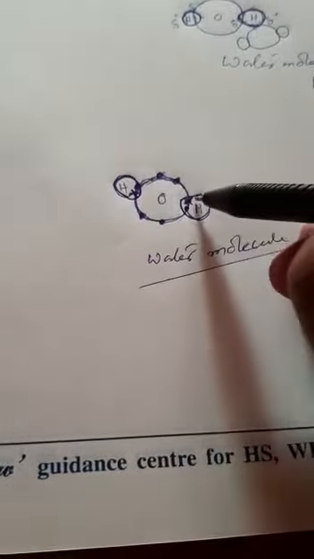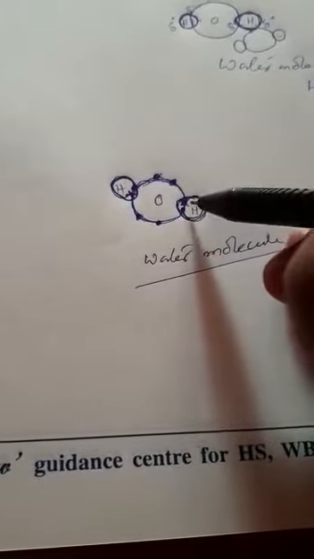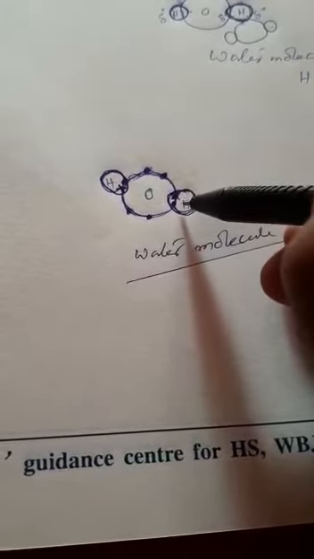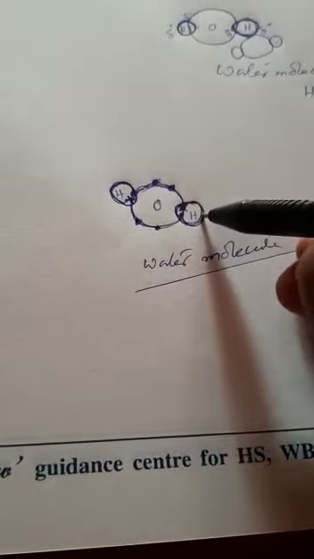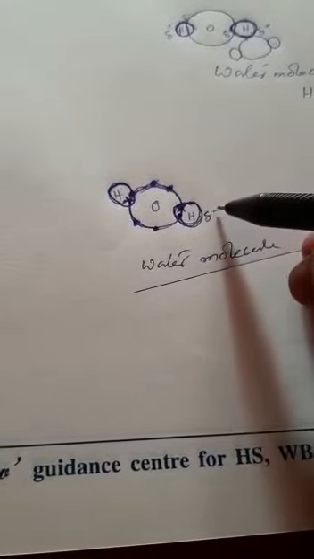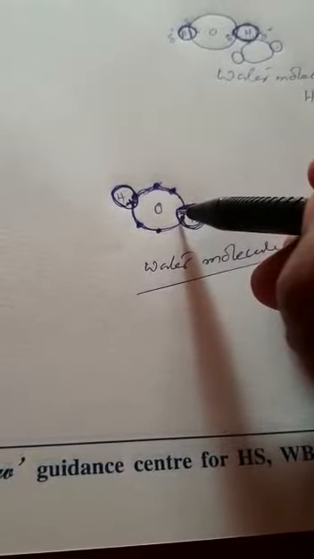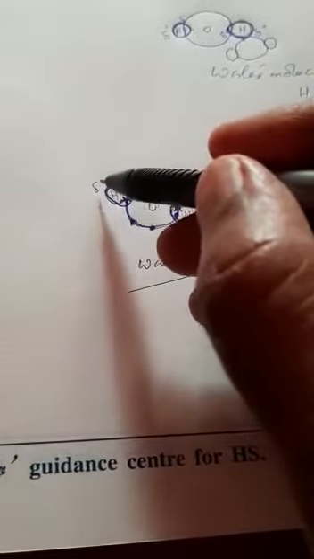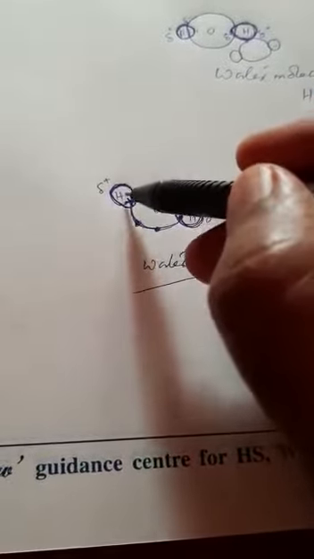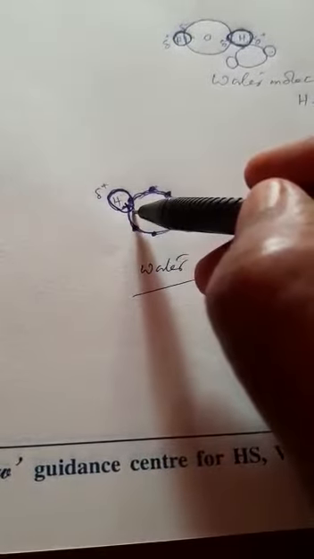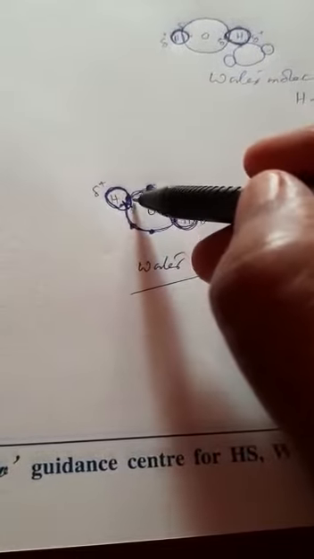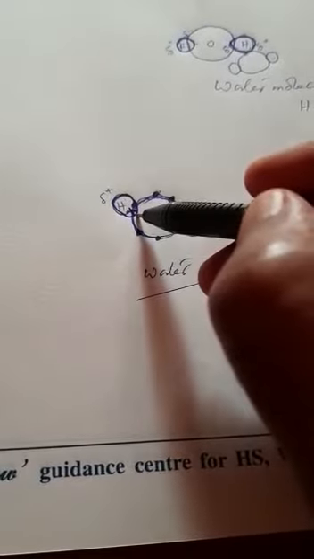This spinning is going on, but for the electron of the hydrogen remaining here, this part of the hydrogen becomes delta positive, and this part becomes delta negative, and this part becomes delta positive because its electron is pushed to this position. It does not stay here, it is spinning, but whenever it comes here, then it happens. Suppose it comes to this position, then this part becomes delta positive and this part becomes delta negative.